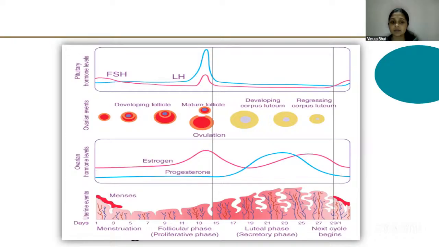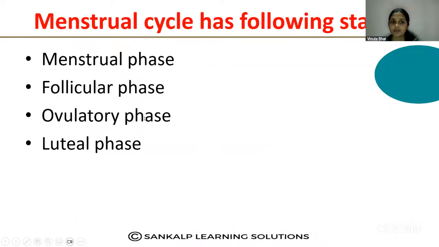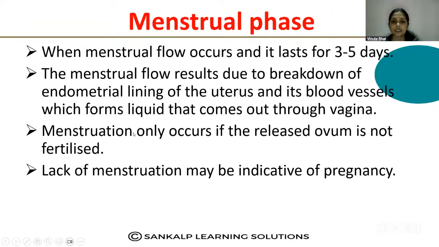The first is menstruation, where the flow of menses remains 3 to 5 days. Then the follicular phase, ovulatory phase, and the luteal phase. So in the first phase, the flow of menses takes place for 3 to 5 days.